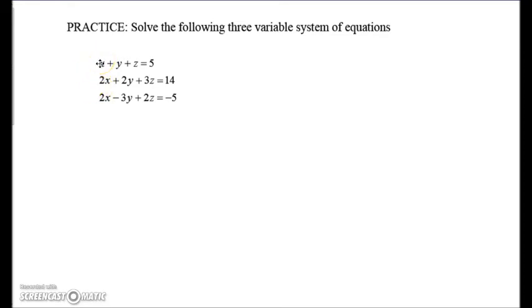Try to follow the process used before to eliminate one of the variables, either x or y or z, and then try to put those 2 equations together that you ended up with after you eliminated one of the variables, and solve that system. And then once you know 2 of the values of the variables, you can sub in for that third one. All right, so I'll leave you to your own work. Pause and play the recording when you've got some work.